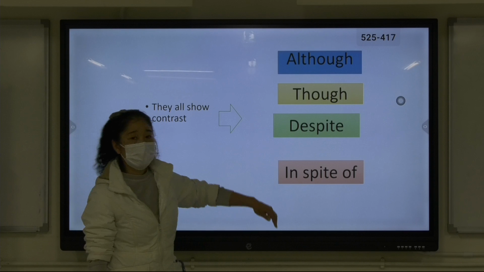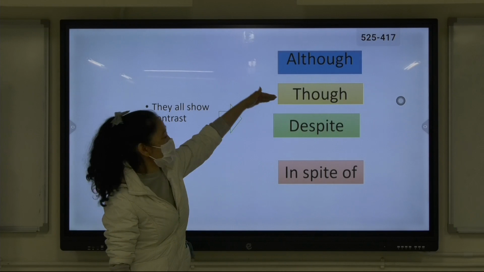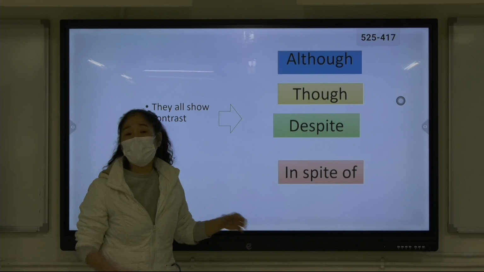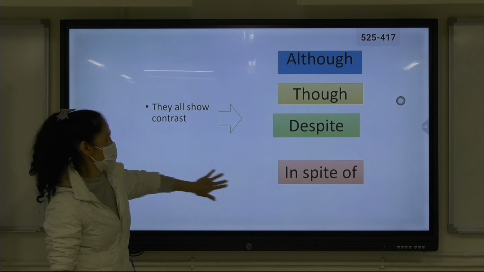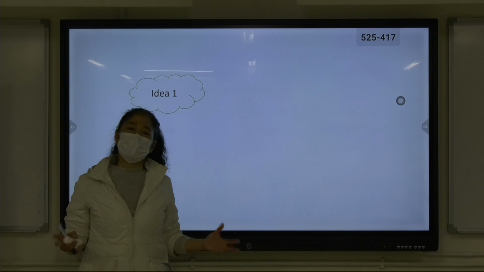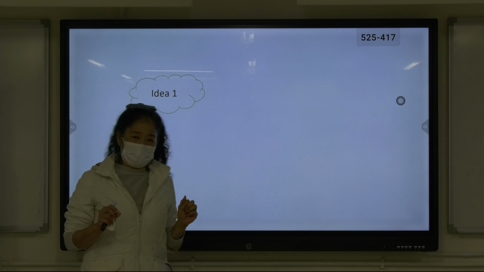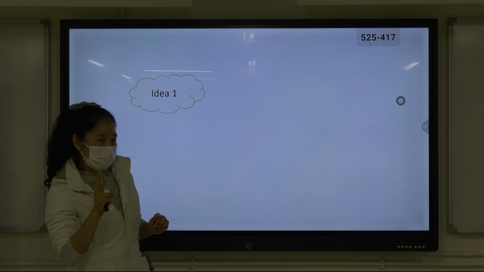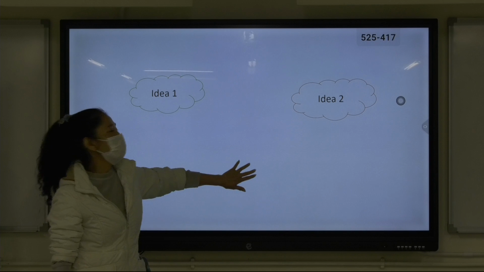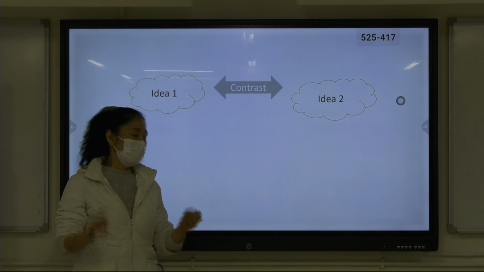So in terms of the meaning, although, though, despite, in spite of carry the same meaning, contrast. That means but. Alright? So what does contrast mean? Contrast, opposing ideas. Two ideas, let's say idea one and idea two, are in contrast. That means not equal.